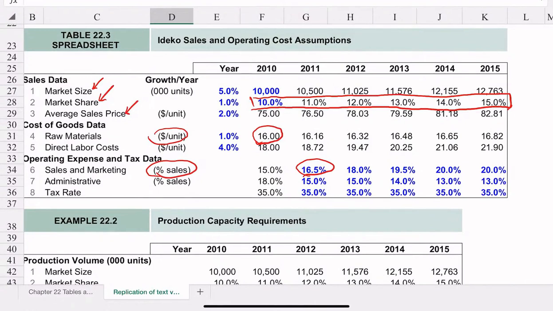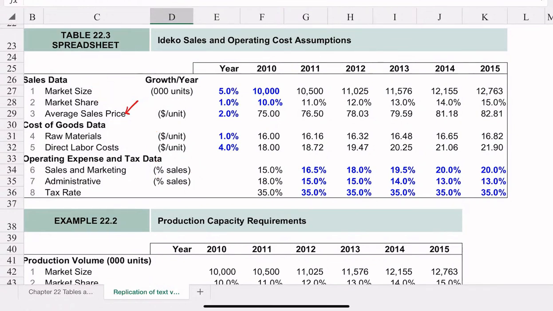You will actually look at this table here. You can see that if you calculate the sales, let's see how you calculate sales. You will use market size times market share times average sales price.